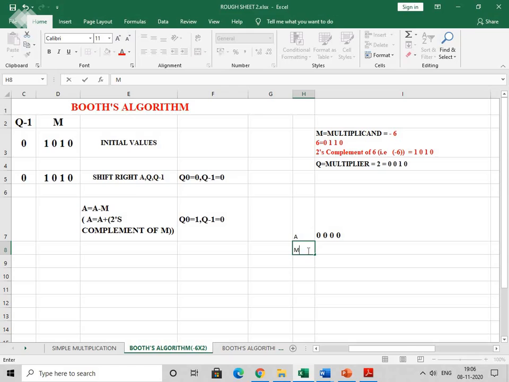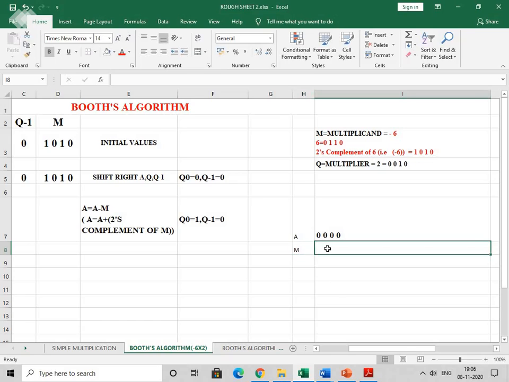Now I want to take the 2's complement of M. What is M here? 1010. That means I should take the exact value of 6. 2's complement of 1010 is 0110. So this is the 2's complement of M. So what is the current value of M?